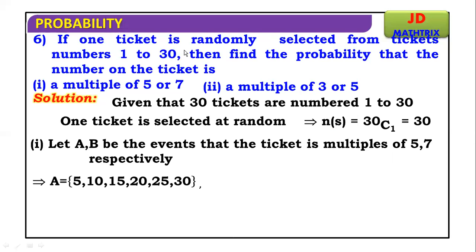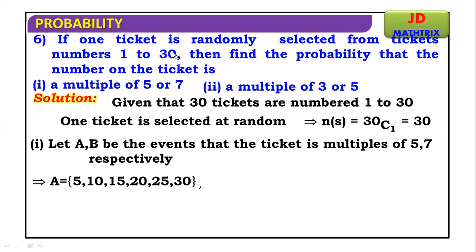Among 1 to 30, the multiples of 5 are 5, 10, 15, 20, 25, 30. That means there are 6 numbers which are multiples of 5 in 1 to 30. Therefore, if a number is selected at random from those 30 numbers, the probability that it is a multiple of 5 is 6 by 30.